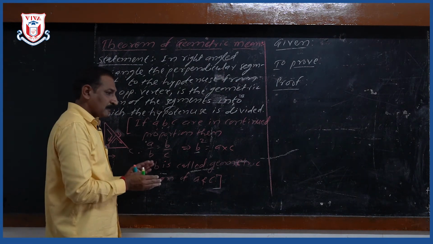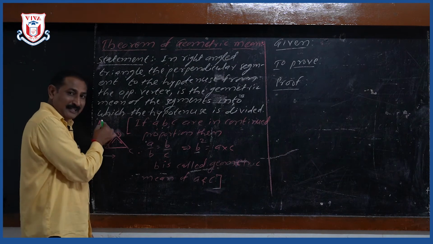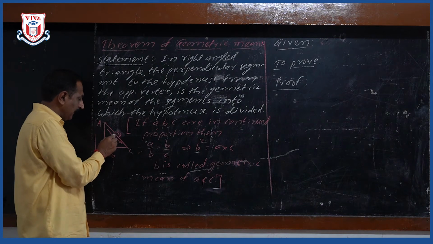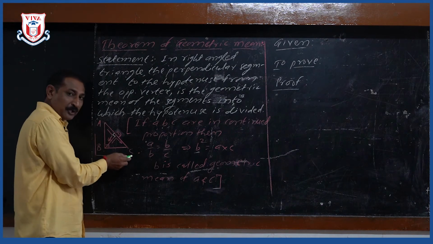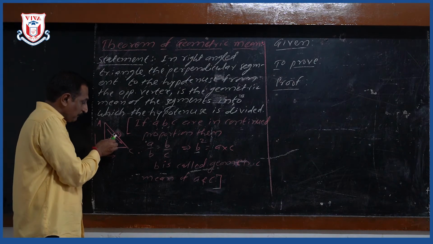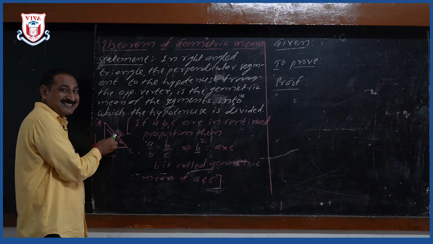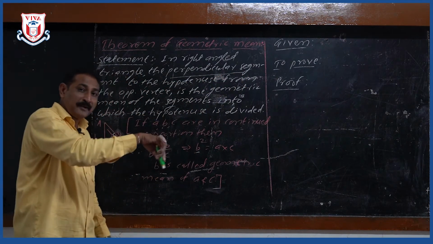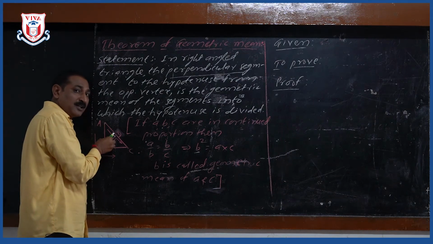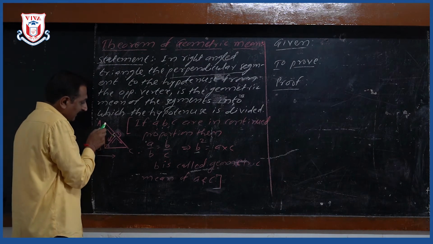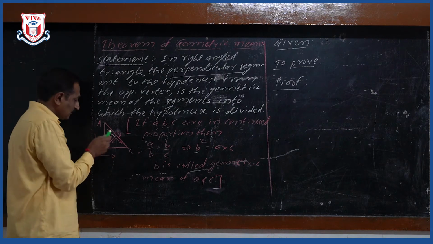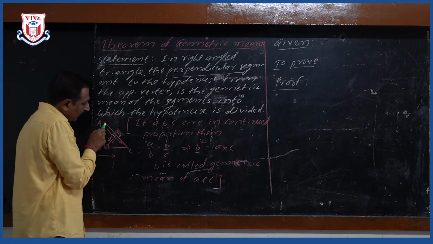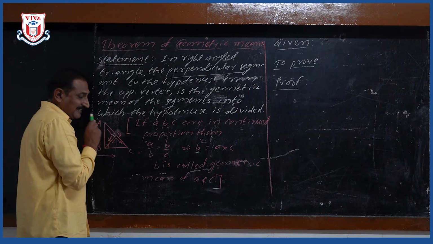Similarly, for geometric mean in the figure, in triangle ABC angle B is a right angle. From this angle B I draw the perpendicular on hypotenuse AC, meaning this perpendicular BD is the geometric mean. This segment divides the hypotenuse into two parts, AD and DC, meaning BD is the geometric mean of segment AD and segment DC.